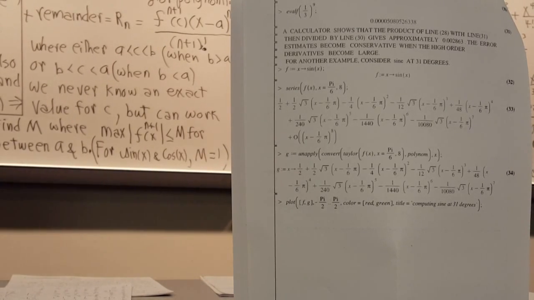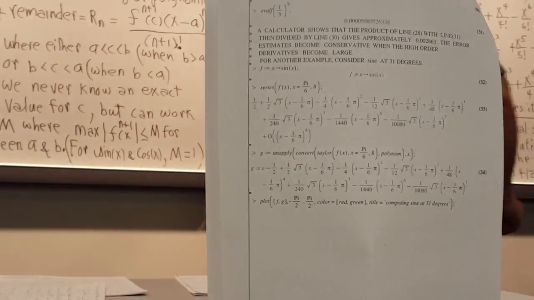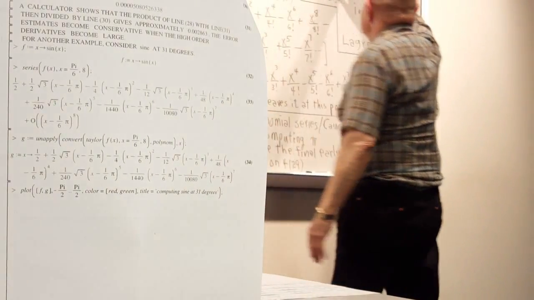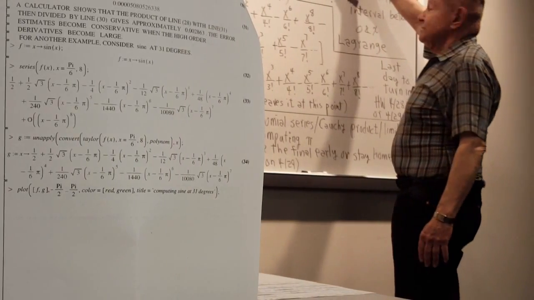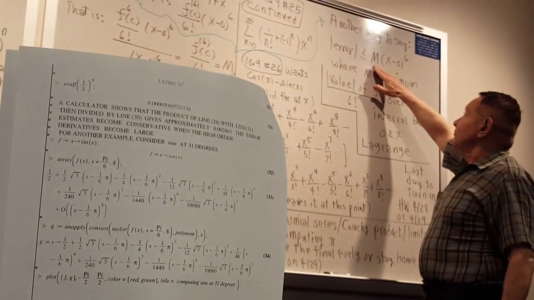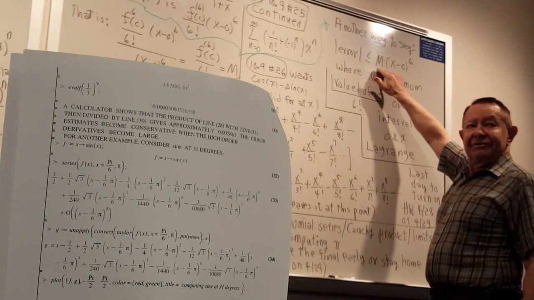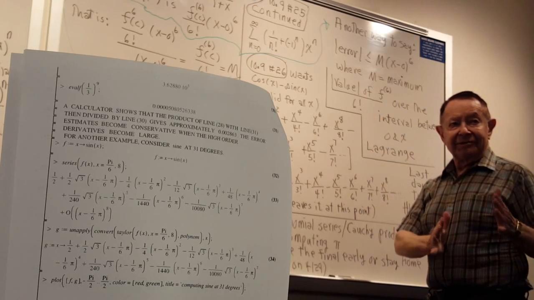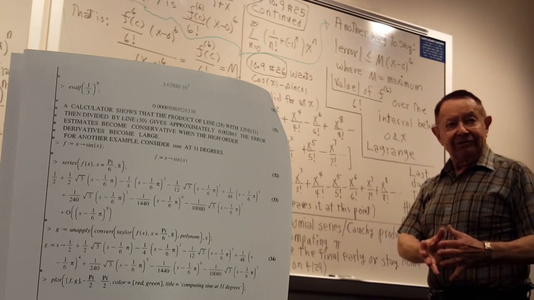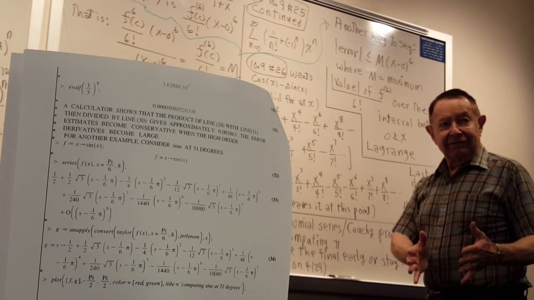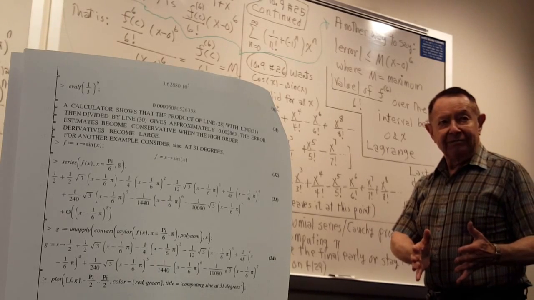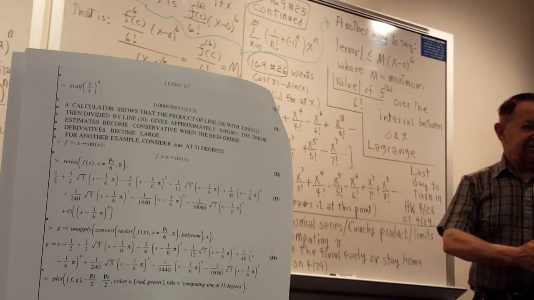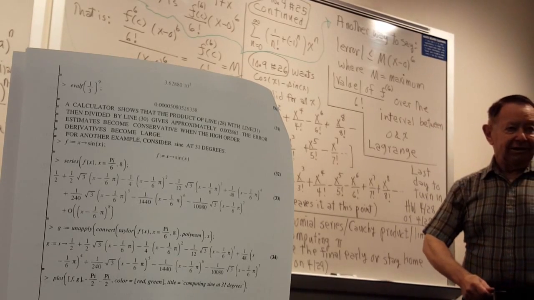essentially what big O is saying is that the error is less than or equal to some maximum value that your derivative could have, in the case of sine, between 30 and 31 degrees, and that derivative can't be more than 1 because it's either a sine or a cosine, and a sine and cosine are never more than 1.